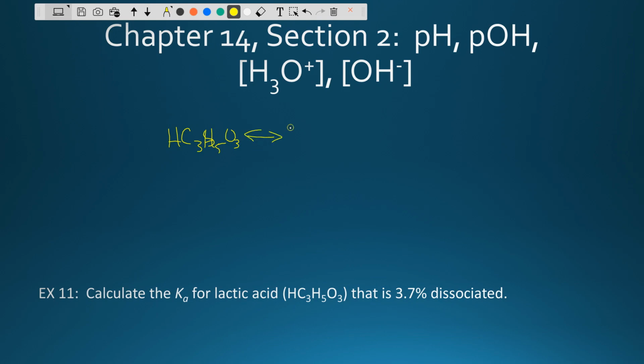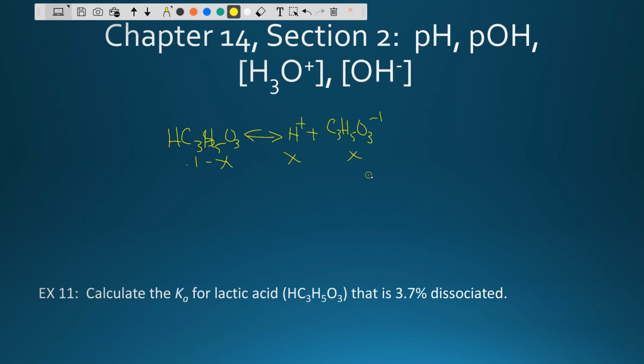That's going to dissociate into my hydrogen and my lactic acid conjugate base, which is C3H5O3 with a -1 charge. My original concentration, we don't really know, so we could say a 1 or a 0.1. Let's go with a 0.1 concentration, and I'm going to be subtracting off a certain amount.